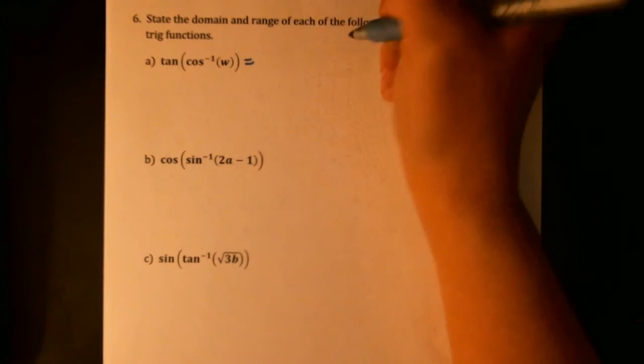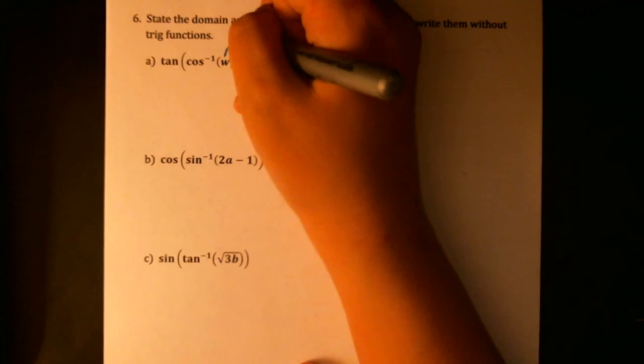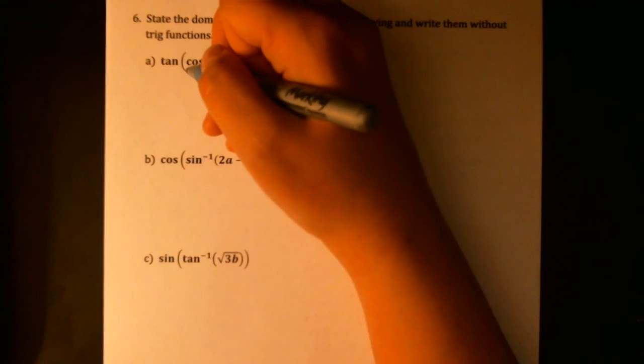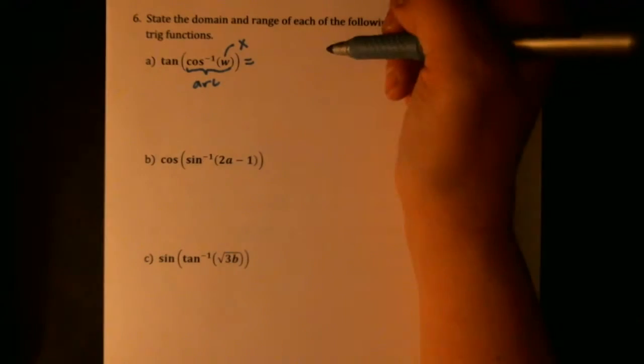Okay, so the tangent of the inverse cosine of w. So we want to be thinking, if I'm plugging this w into inverse cosine, then I'm thinking about it as an x value. And what inverse cosine would do is give me back an arc length.